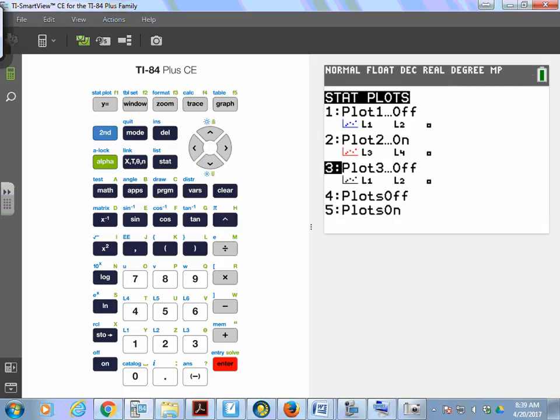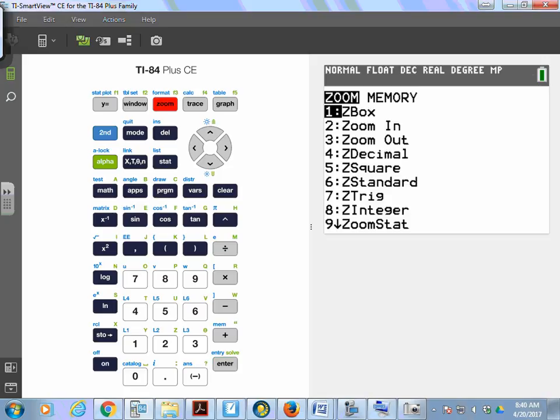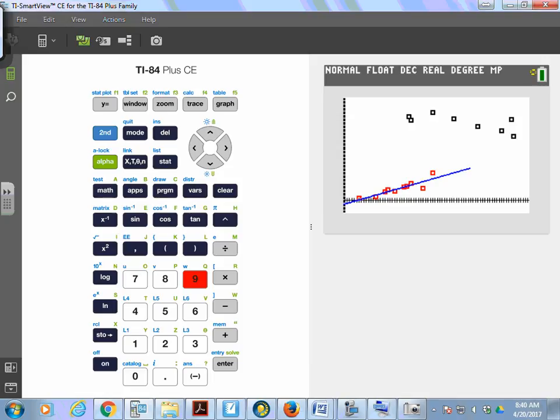Now I want to show you something also that you have to be careful of when you're doing this. You'll notice that now I have two graphs on my calculator, okay?